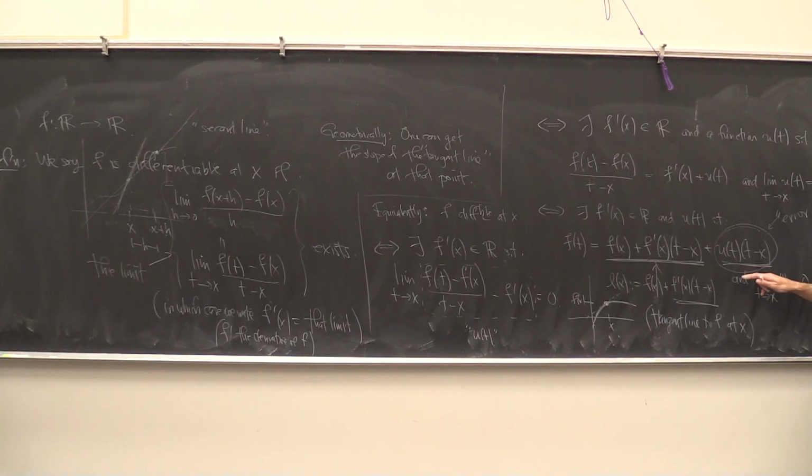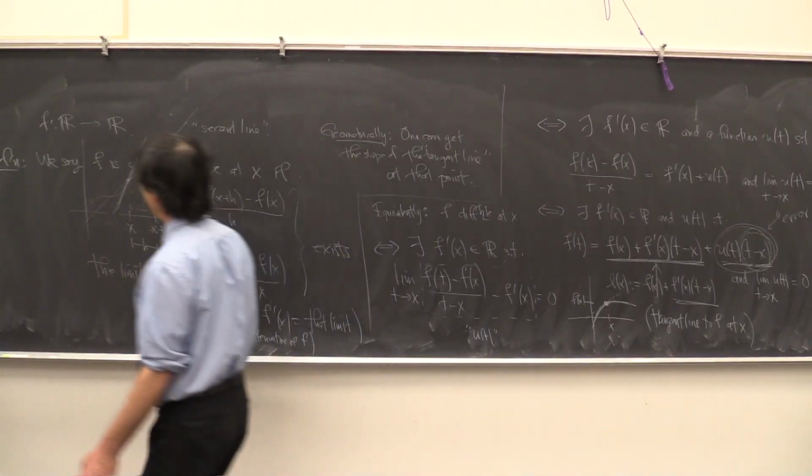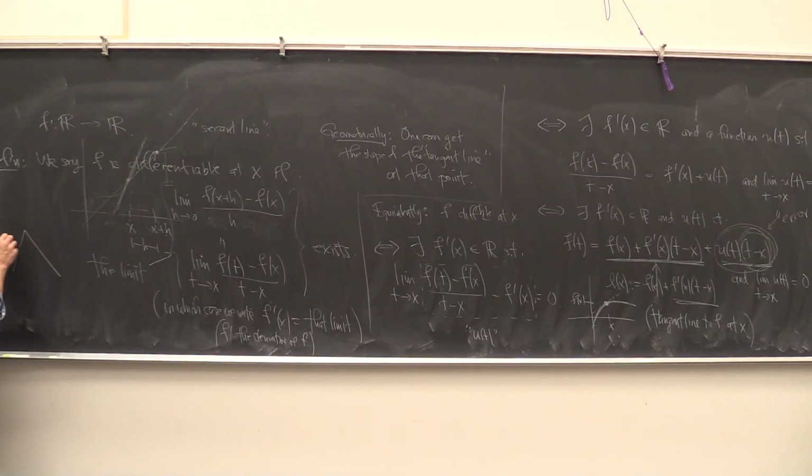In fact, it vanishes so well that even if you divide by something that goes to 0, it still goes to 0. Okay, this is key. It's not just that the error goes to 0. I could say, this function here, I've got a linear approximation of it, and the error goes to 0 as I get close to my point.